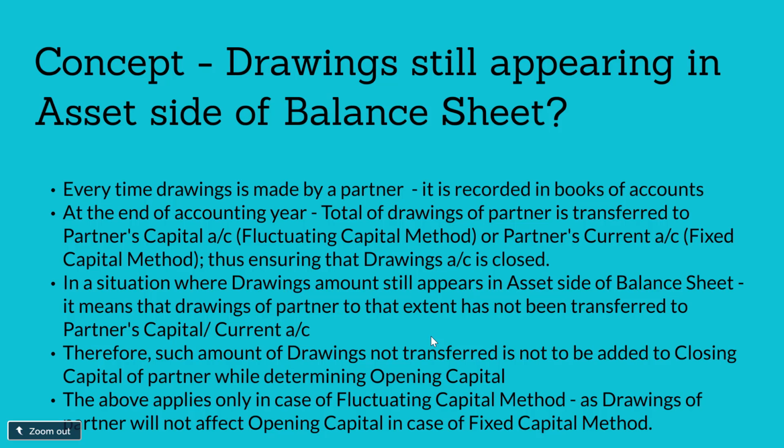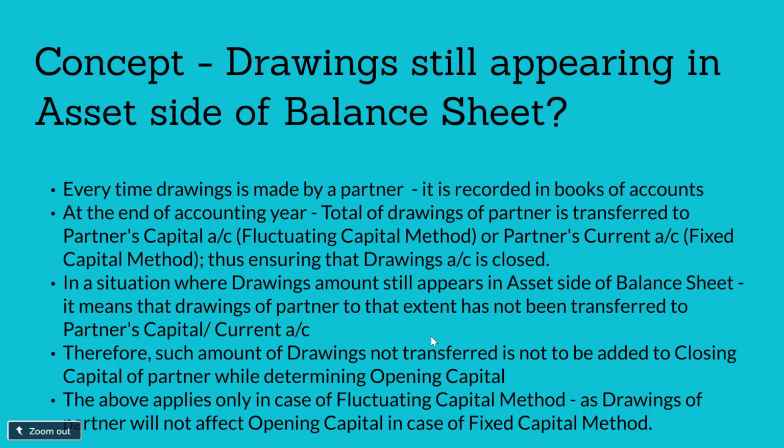Now, at the end of the accounting year, all the drawings made by the partner in the entire year are transferred to the partner's capital account, where the fluctuating capital method is being followed, or the partner's current account, where the fixed capital method is being followed, thus ensuring that the drawings account is closed.